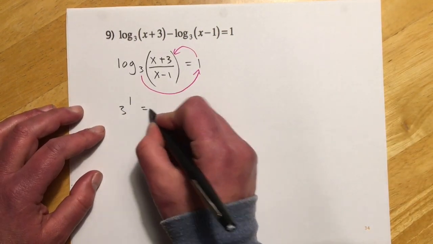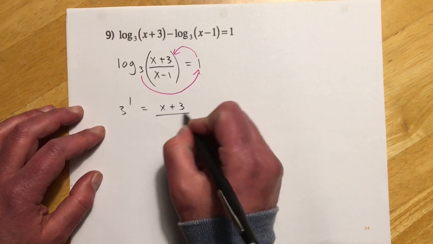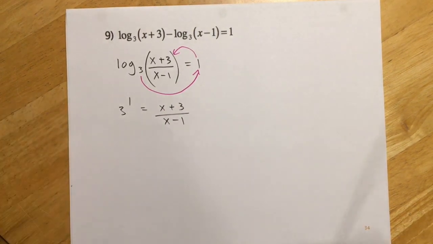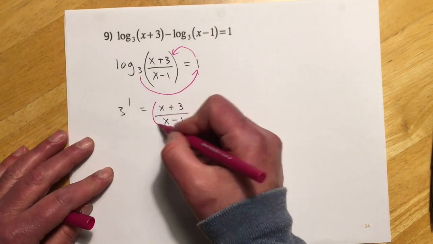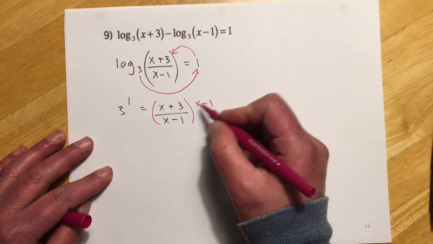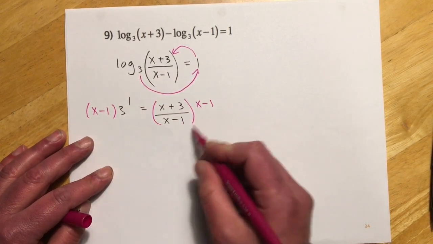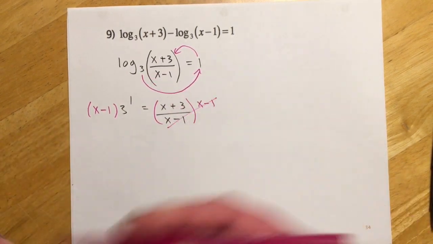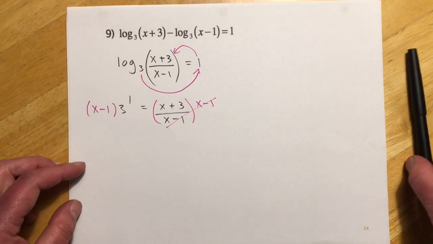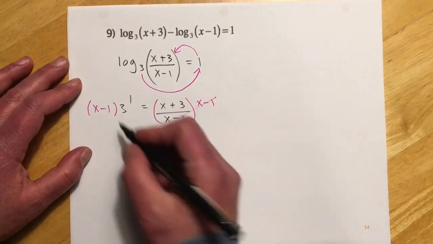So 3 raised to the 1 makes x plus 3 over x minus 1. This one came out as kind of a rational, so I'm going to multiply both sides by this denominator.